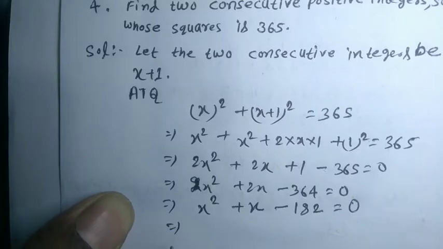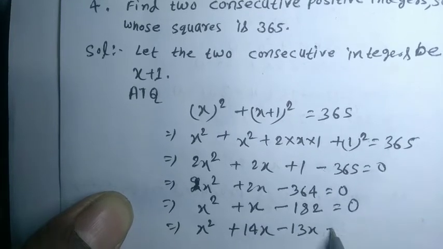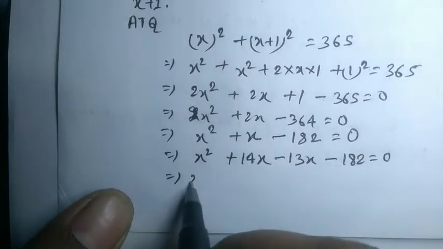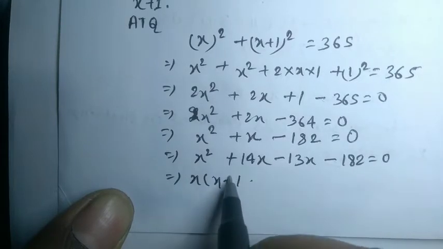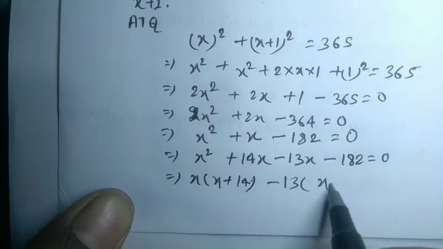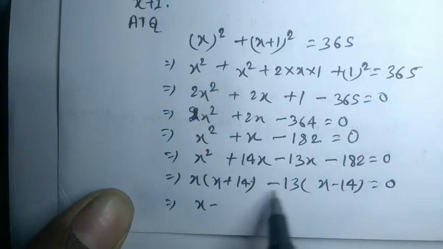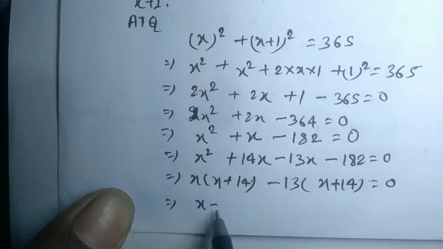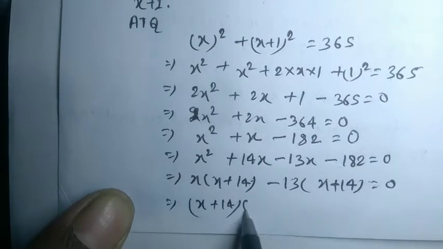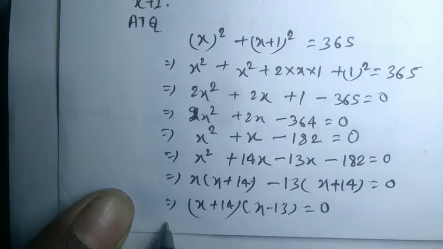Again, this is a question just like question number 2. x square plus 14x minus 13x minus 182 is equal to 0, implies x is common, then x plus 14 minus 13 is common, x plus 14 is common, then we get x minus 13 is equal to 0.